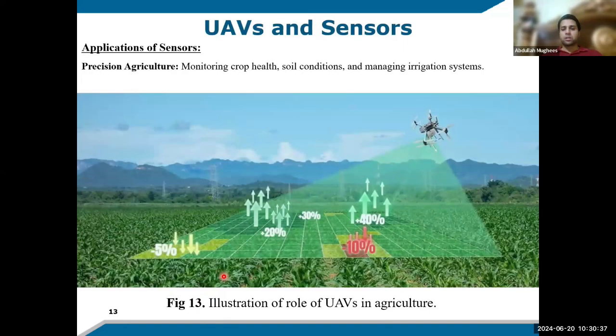These drones are used in agriculture as well, for monitoring crop health, soil conditions, and managing irrigation systems. For example, if a farmer has maybe 100 acres of crops, it is very difficult for him to go and check all the conditions of this huge area on a daily routine.